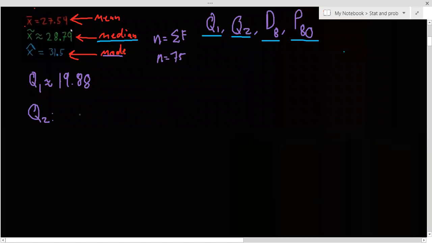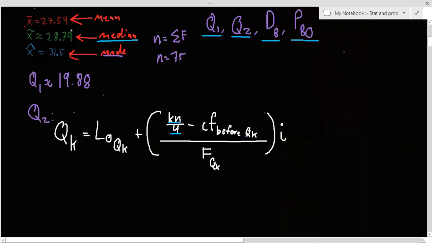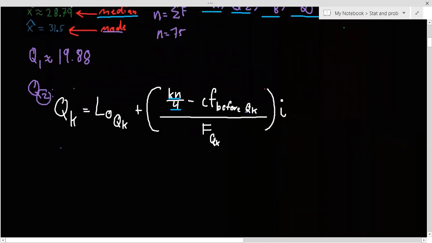So since we're looking for the second quartile, gagamit tayo ng ganitong formula ulit na pang quartile, which is this one. Okay? This one pa rin tayo. And since, kung mapapansin mo, yung subscript niya ay Q2, therefore, yung k natin ay 2.